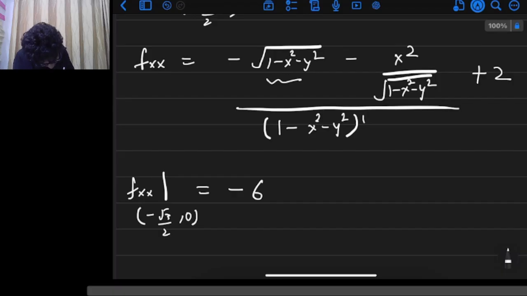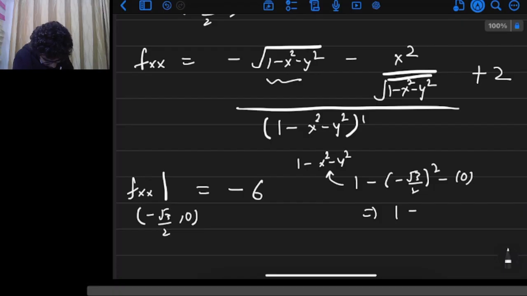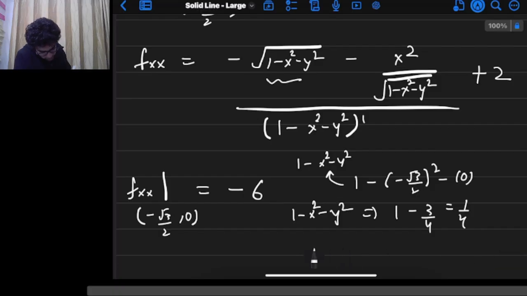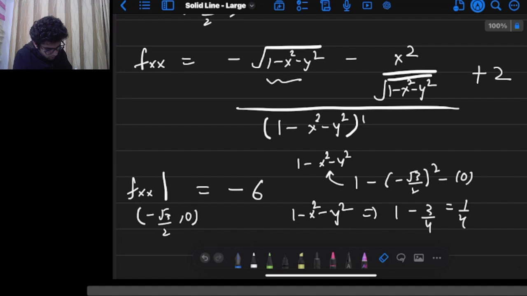This is 1 minus x square minus y square, which again turns out to be 1 by 4, just like the previous case.